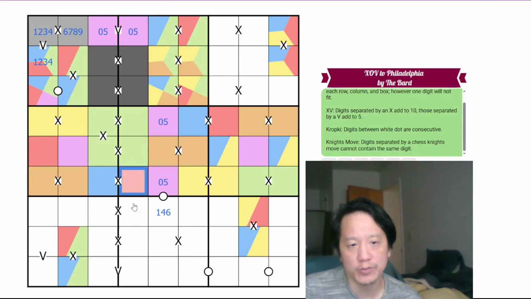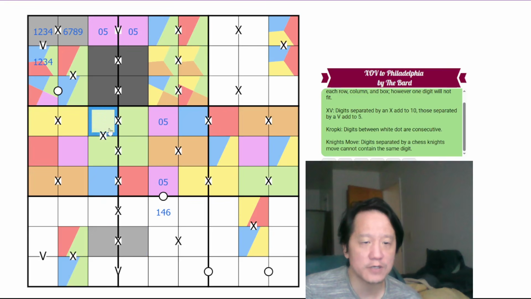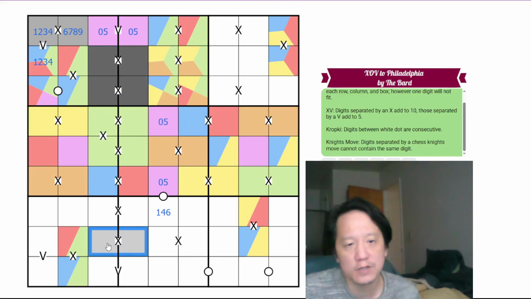This can't be red because it sees that one by normal Sudoku and then anti-knight. So then this has to be medium, because it can't be green, can't be dark. You can't have red and blue here, so it must be the other set, which is not in these columns. So it's the medium one.